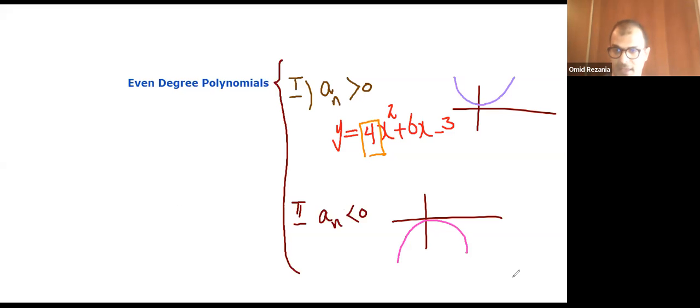Now, we have only 5 minutes to wrap up the class. We talked about the even degree polynomials. We are now gonna talk about the odd degree polynomials. Okay. With the odd degree polynomials, what do we mean? We mean that, for example, we have a function.